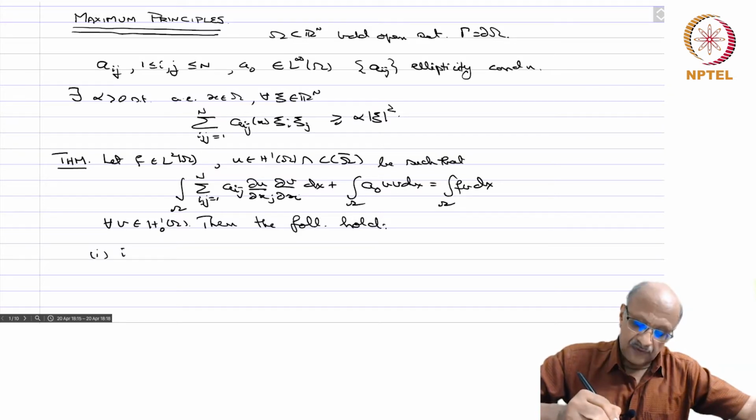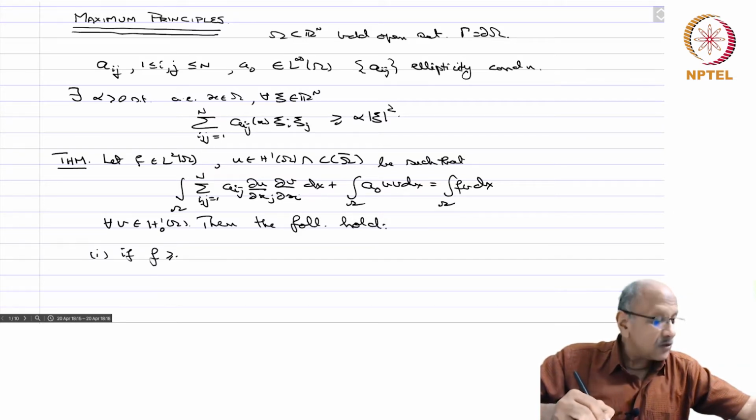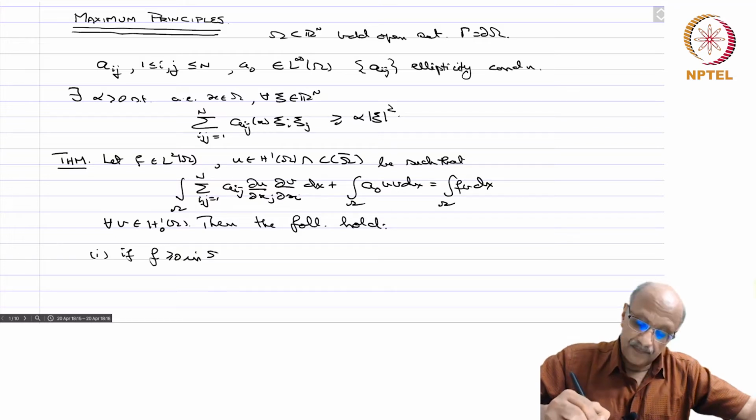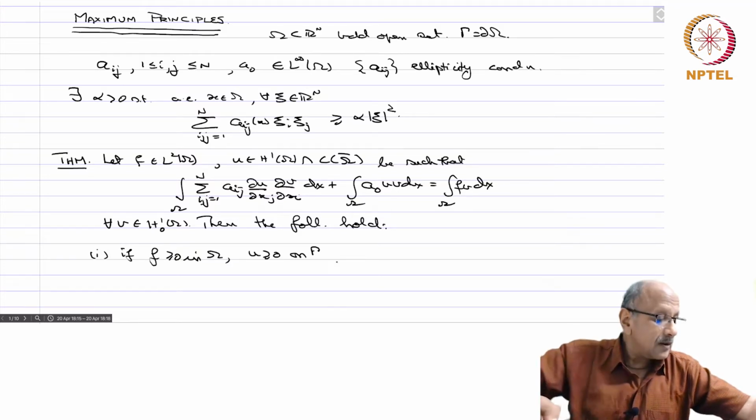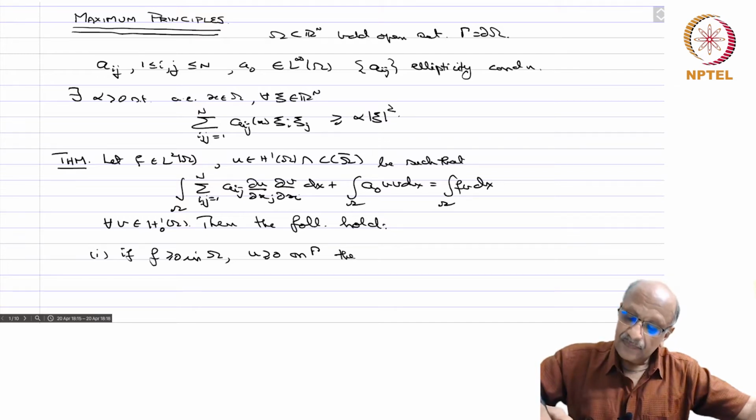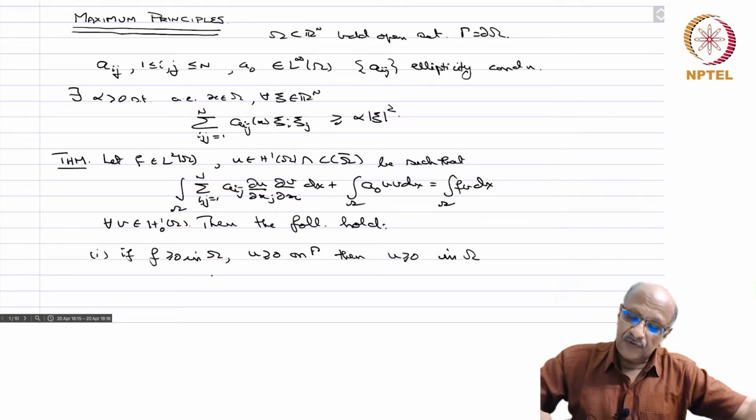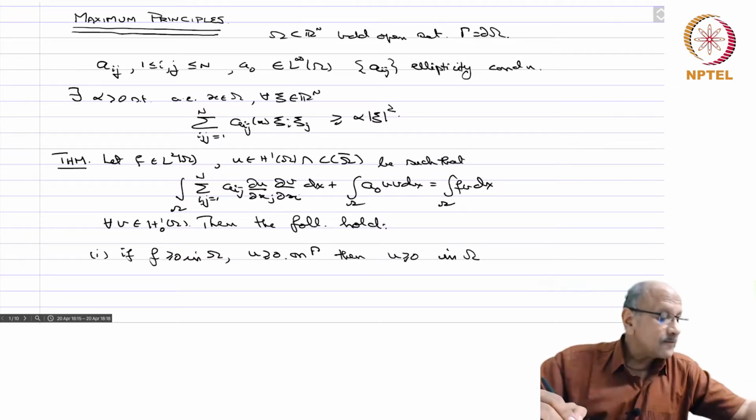One, if f is greater than or equal to 0 in omega and u is greater than or equal to 0 on gamma, then u is greater than or equal to 0 in omega. So if the data is non-negative and u is also non-negative on the boundary, then it automatically satisfies this.